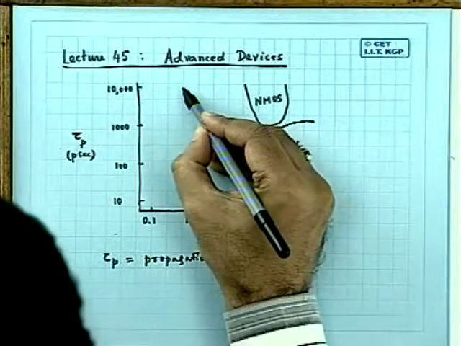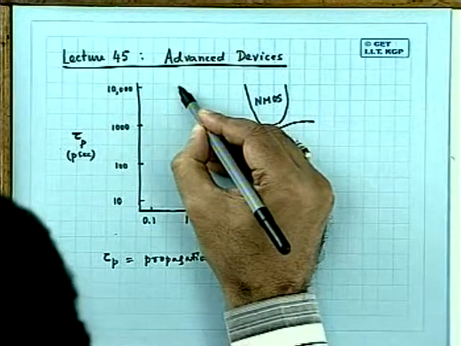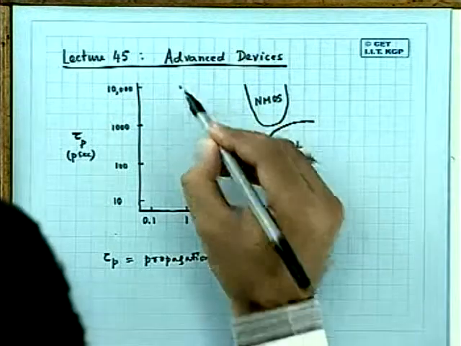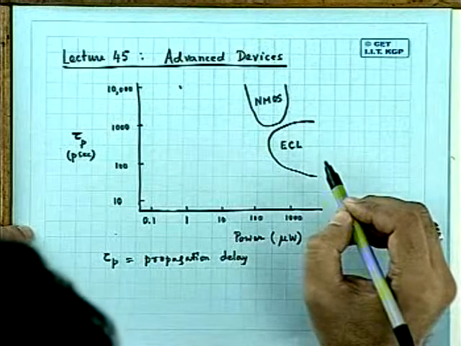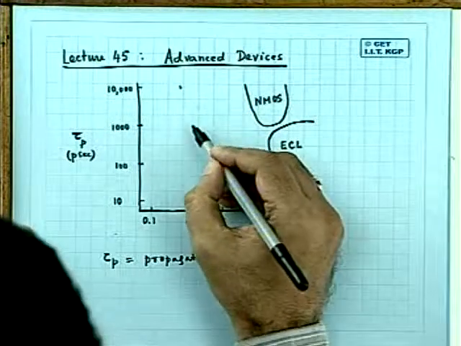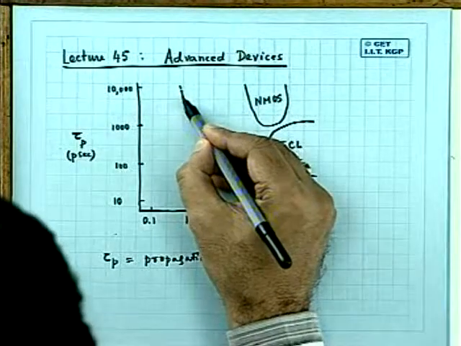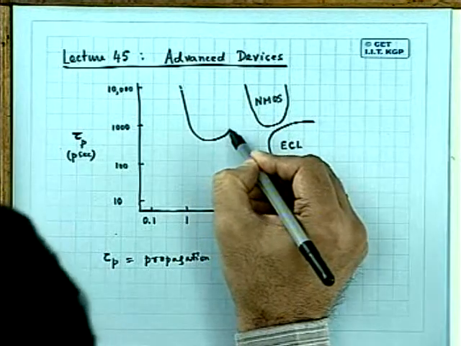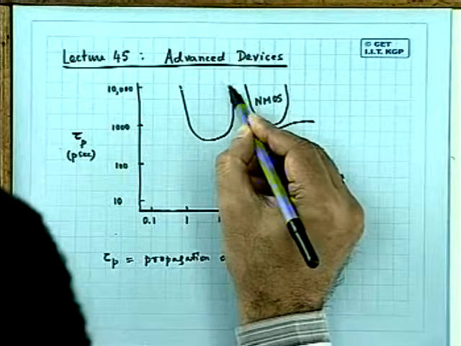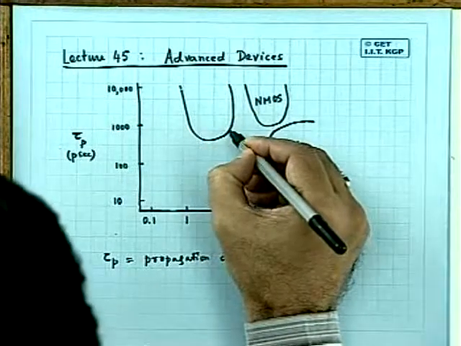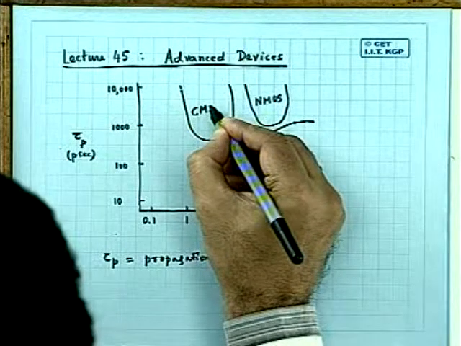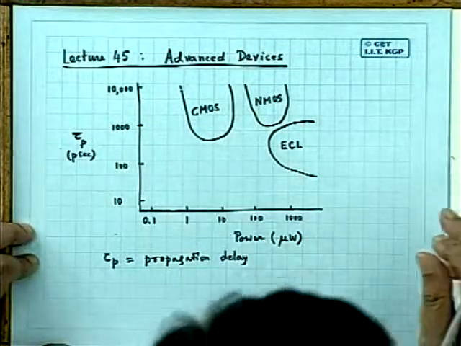As you see, it came down to around here, and even less than this. Of course, I am showing you the very latest CMOS technology. Otherwise, NMOS and CMOS overlapped.